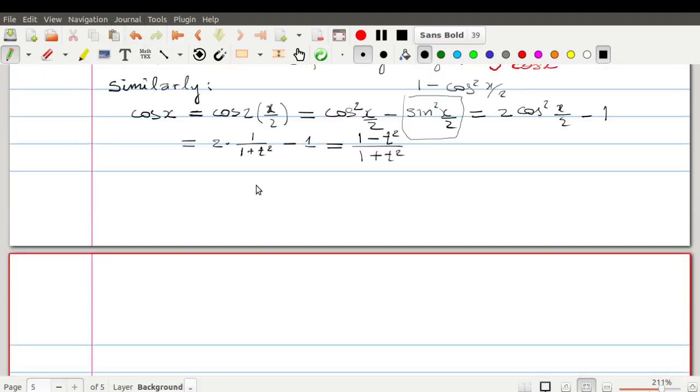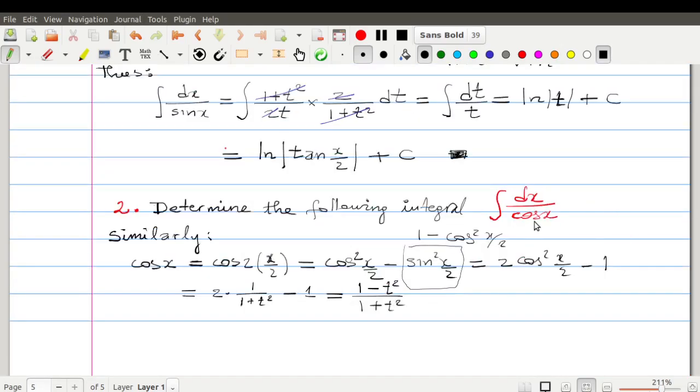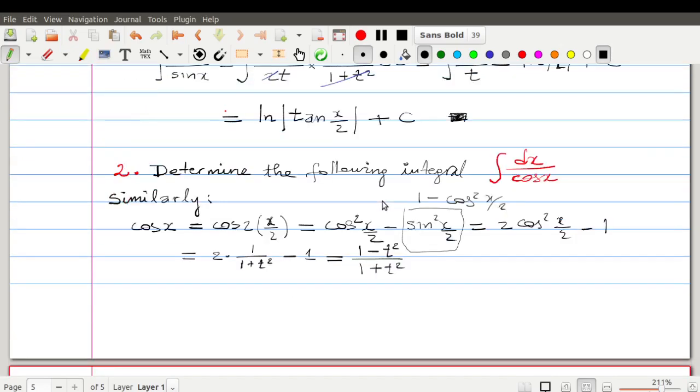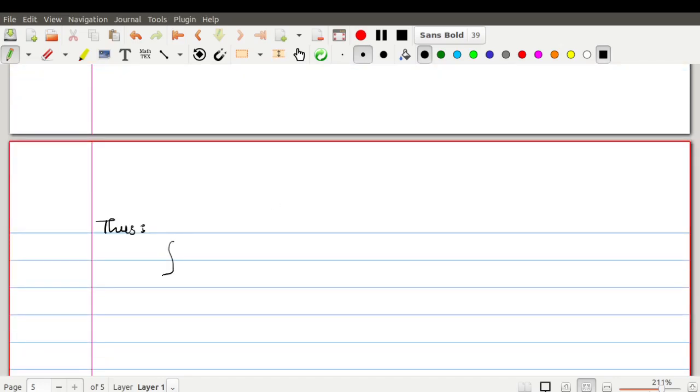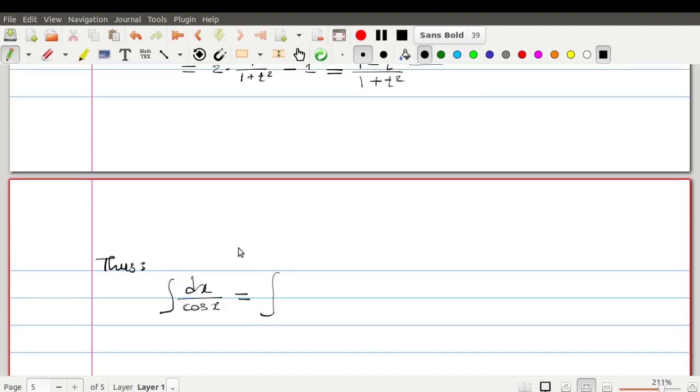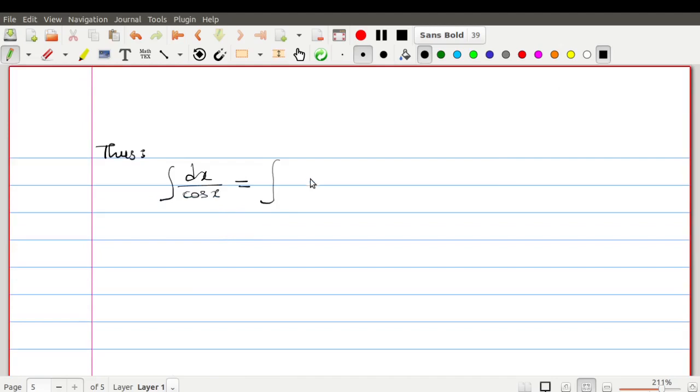Thus, I'm going to substitute everything in this integral. The integral of dx by cosine x is equal to the integral of the reciprocal of cosine x, that is 1 plus t square by 1 minus t square, times dx.